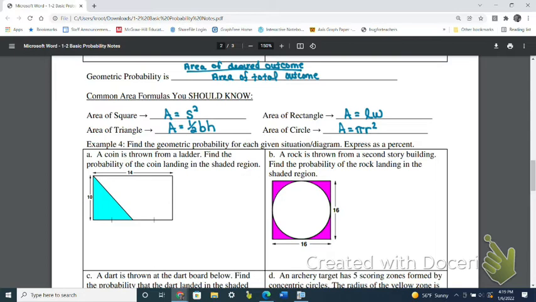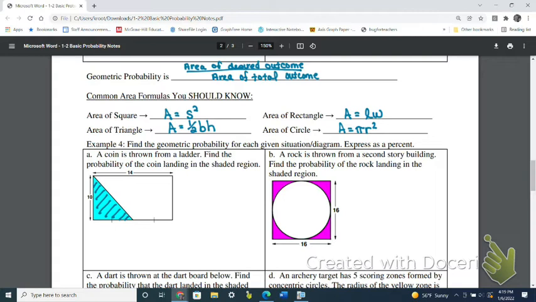So if I look, it says find the geometric probability for each given situation expressed as a percent. So a coin is thrown from a ladder. Find the probability that the coin landed in the shaded region. So the shaded region is my desired outcome.